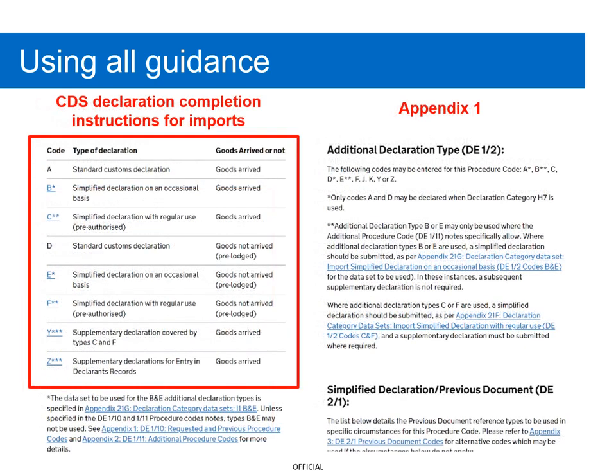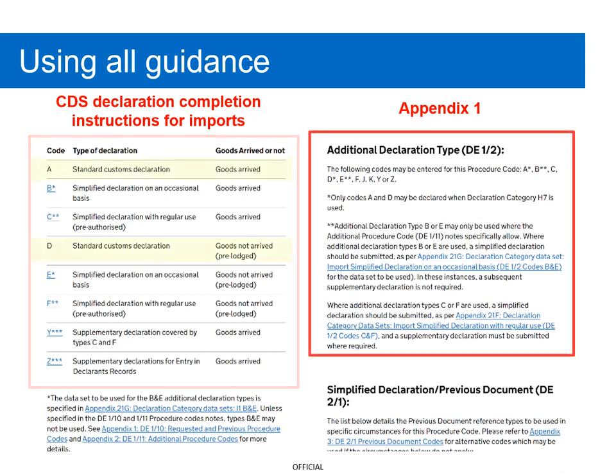On the left, Hallie scrolls down and can see the possible entries for data element 1.2. On the right, in Appendix 1, Hallie can see the valid additional declaration types possible when using procedure code 4000.